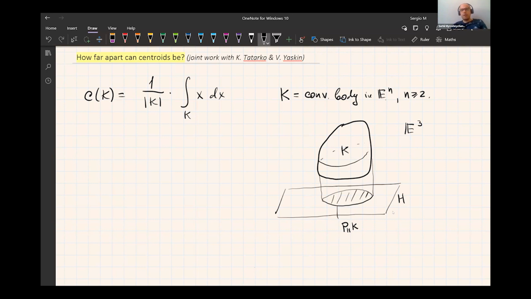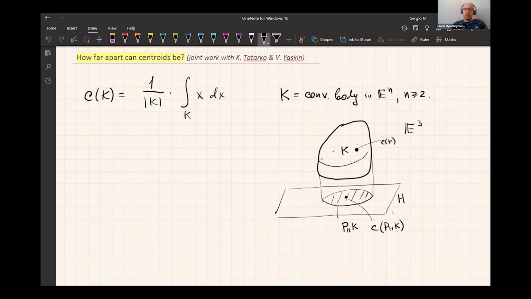So this is our second creature, and the second creature also has a centroid. Maybe this is my C of K, and this guy, being a convex body in 2-dimensional space, also has its own centroid. The notation becomes a little lengthy, but this is just the centroid of the projection.